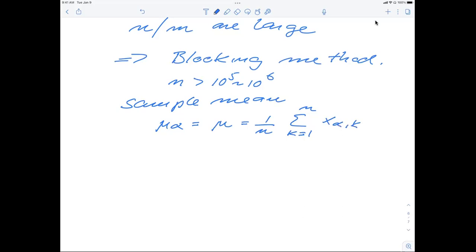Then we repeated this m times. So we ended up with a total mean, which is 1 over m n, and we have a sum over alpha equal 1 up to m, and a sum over k equal 1 up to n, of x alpha of k.